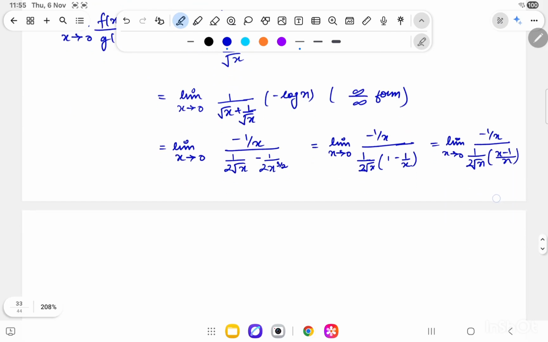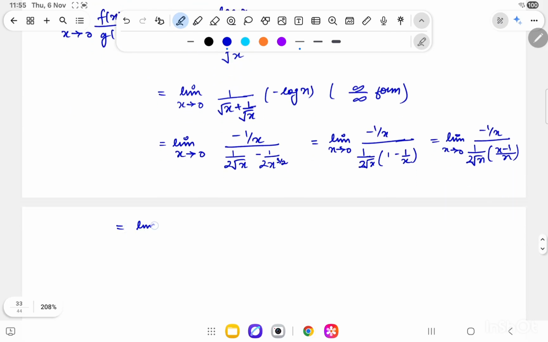Now if I simplify it, this x balances this one. So we have 2 square root of x divided by x minus 1, and there is a minus sign as well. Now if I evaluate this limit, it will be basically 0.